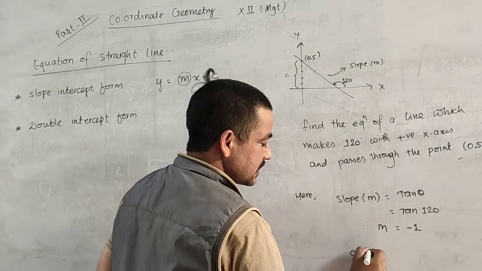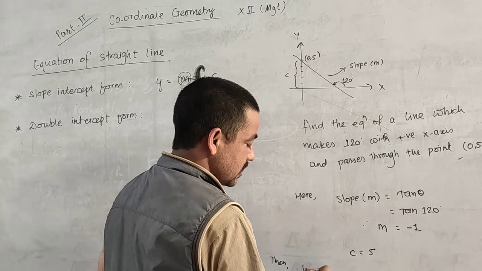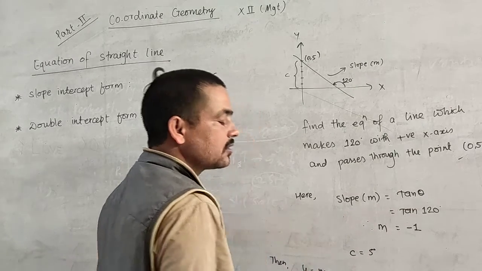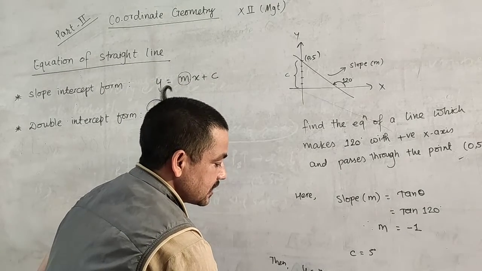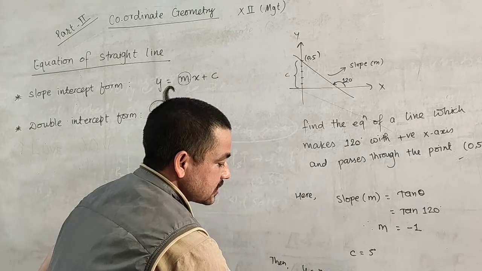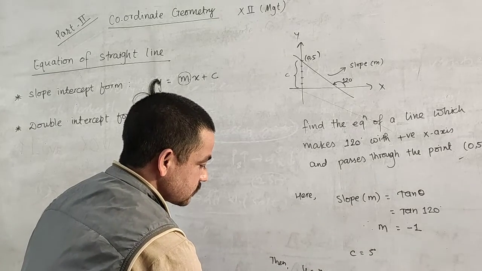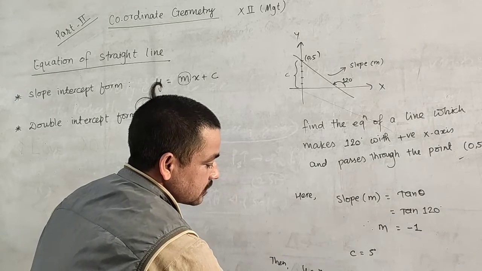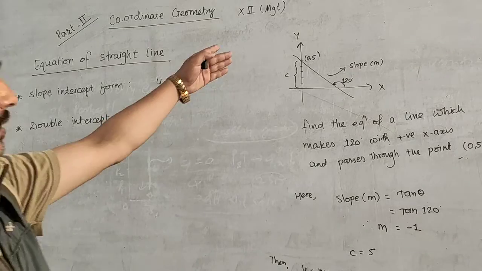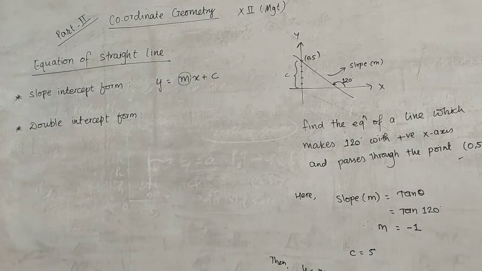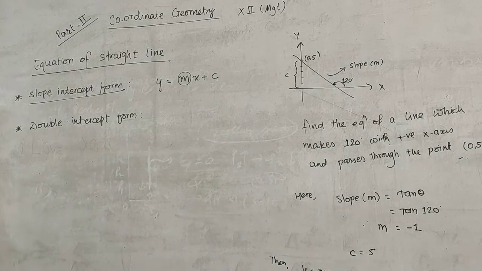So the value of c is 5. At that time, the equation of line y equals to mx plus c, we can use y equals to m is -1 times x plus c is 5. So by taking to left side, x plus y minus 5 equals to 0 is the required equation of the line. In this way, by using the slope intercept form, we can find the equation.